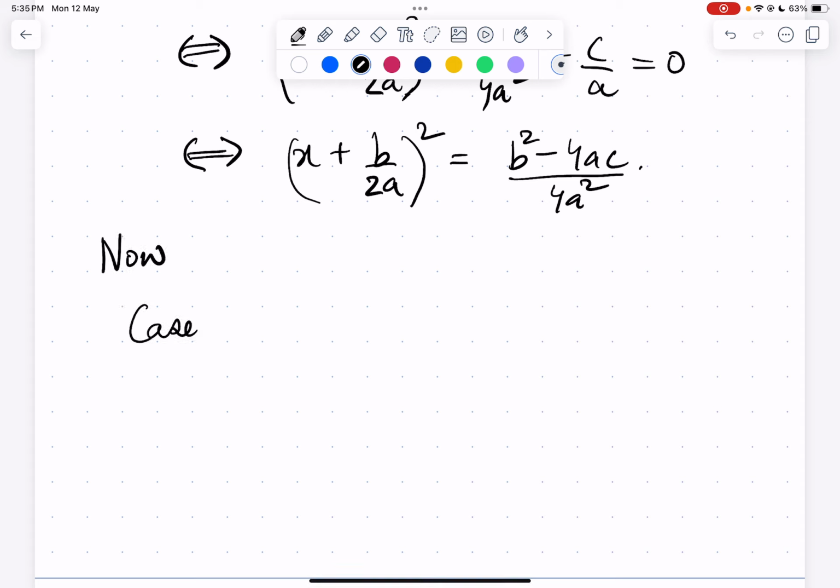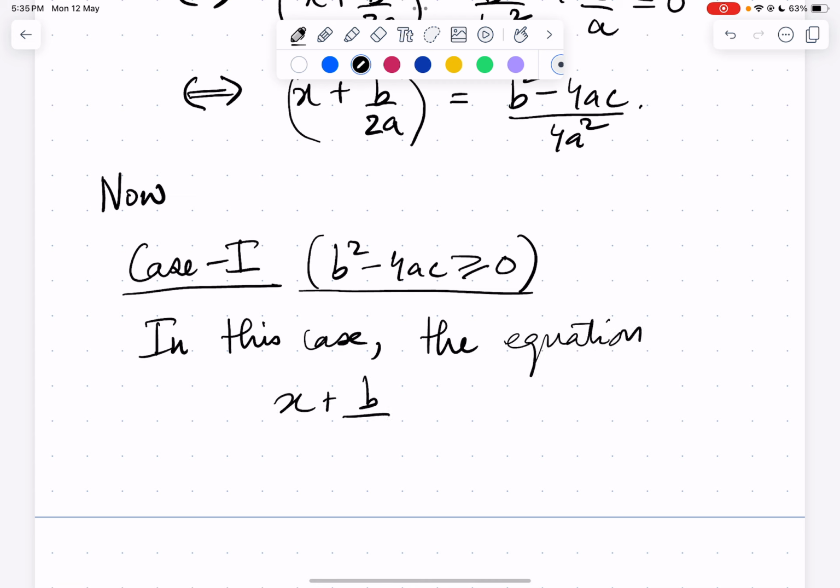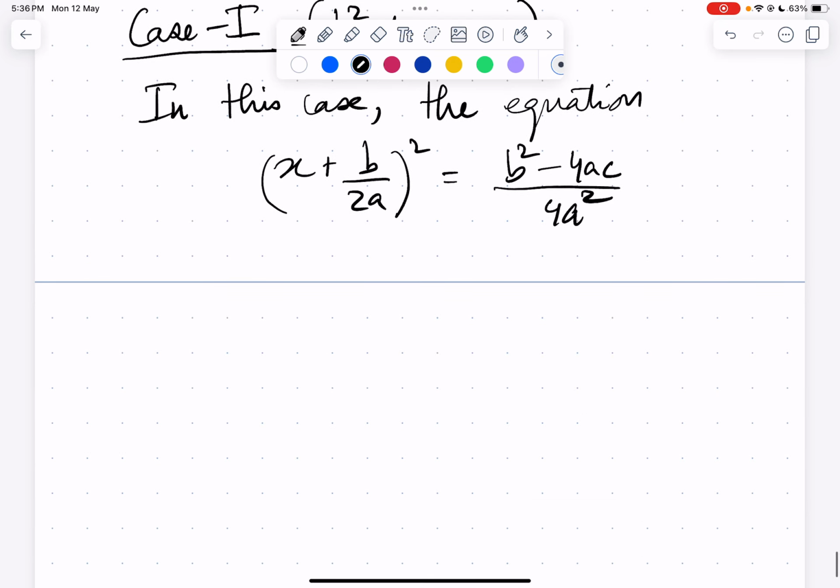We have case 1 where this term b square minus 4ac is greater than or equal to 0. So in this case, the simplified equation x plus b by 2a whole square is equal to b square minus 4ac by 4a square has two solutions, not necessarily distinct.